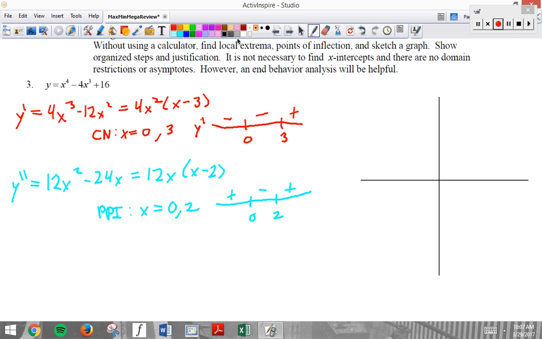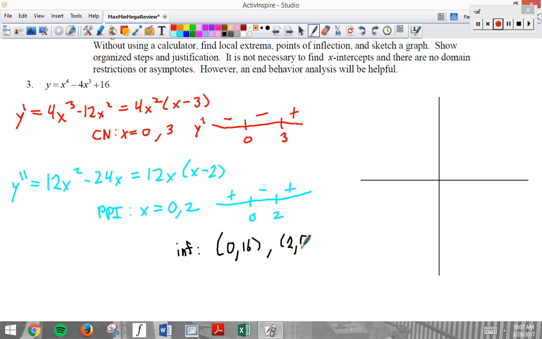Okay, so the point 0, comma 16, plugging in here, is an inflection point, as is the point 2, comma 16 minus 32, 0.